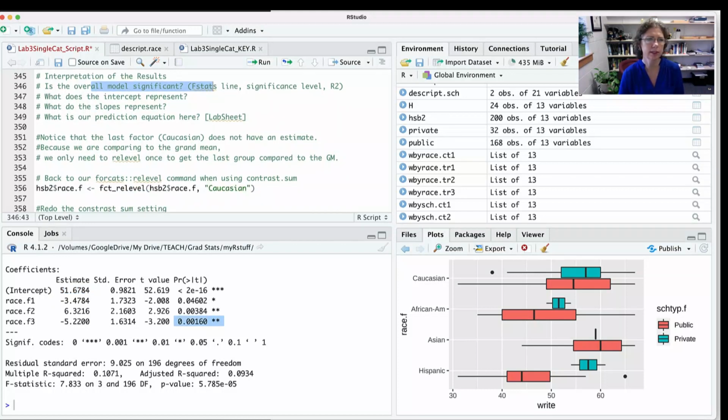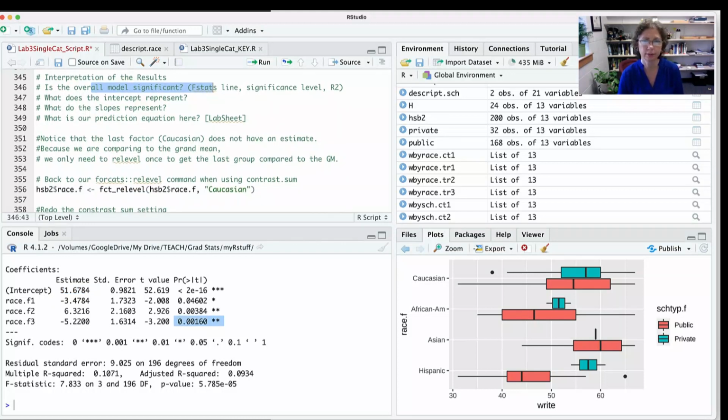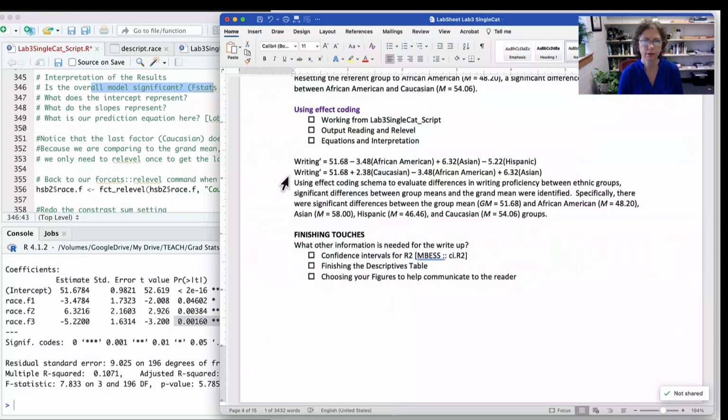So now what does this prediction equation look like? Now we have our values from the regression equation for each of the groups within the race categorical variable.